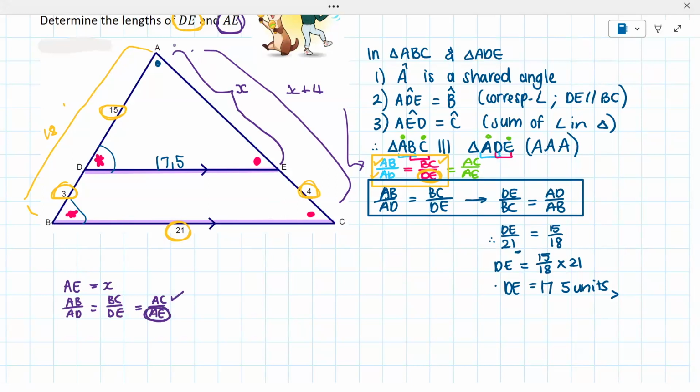Now, guys, from the pink fraction, so on this middle fraction, we knew what BC was, but we had to work out DE. Because you have worked out what DE is, technically, that means that you have that value.